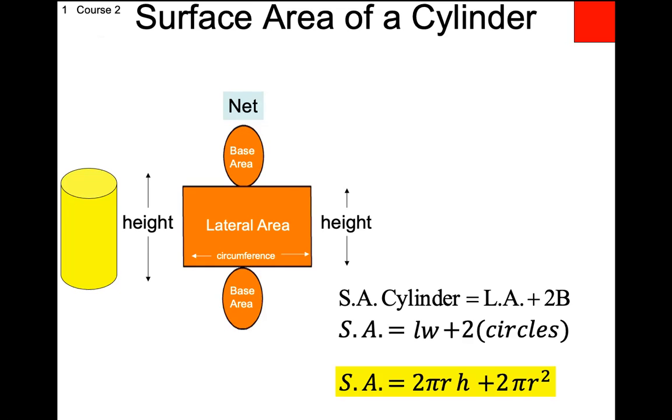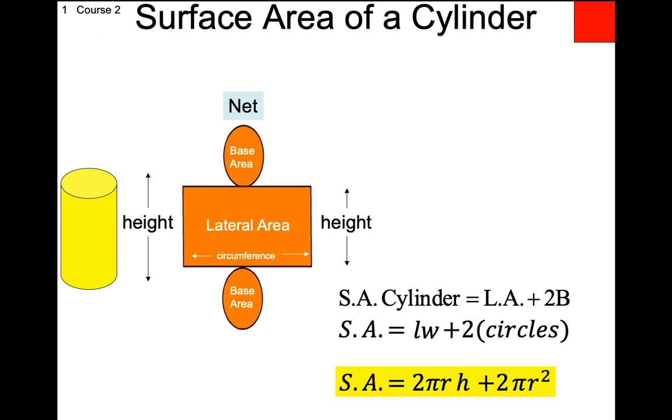Everyone uses 2 pi r h. Why? Because if you got a d floating around here, you got an r over here. It's just easier to have r's in your formula. So 2 pi r h plus 2 pi r squared, but you could use pi d h plus 2 pi r squared. Too complicated. 2 pi r h plus 2 pi r squared.